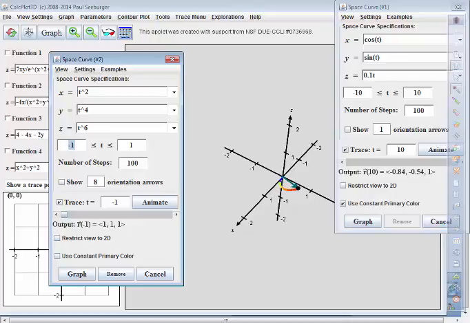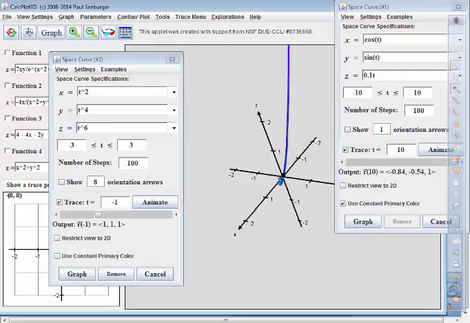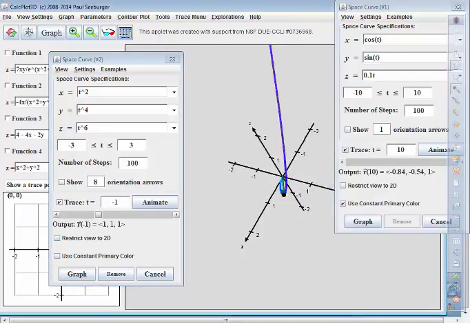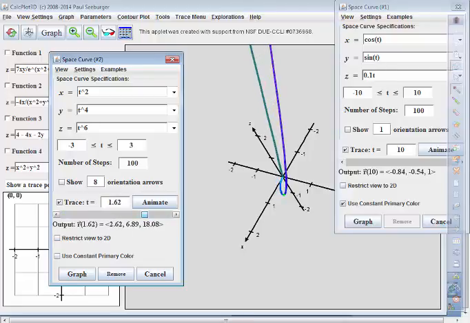Let's go -3 to 3. There it goes. Now it goes up a lot higher. So the animation starts up high wherever that is, and then comes back to 0, and then goes back out.